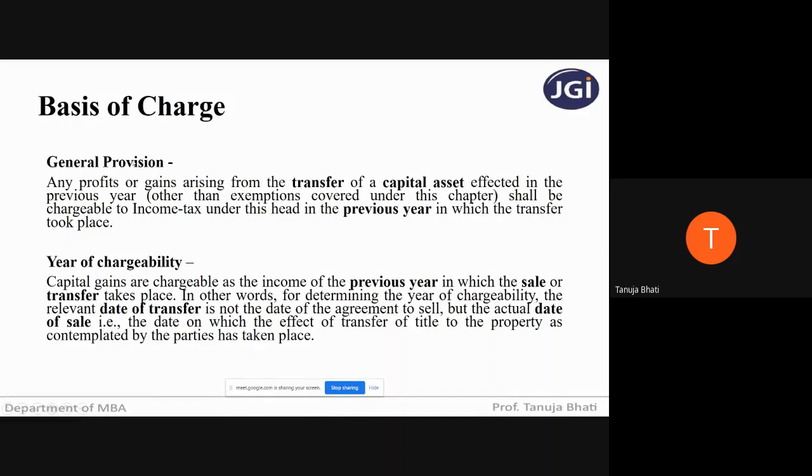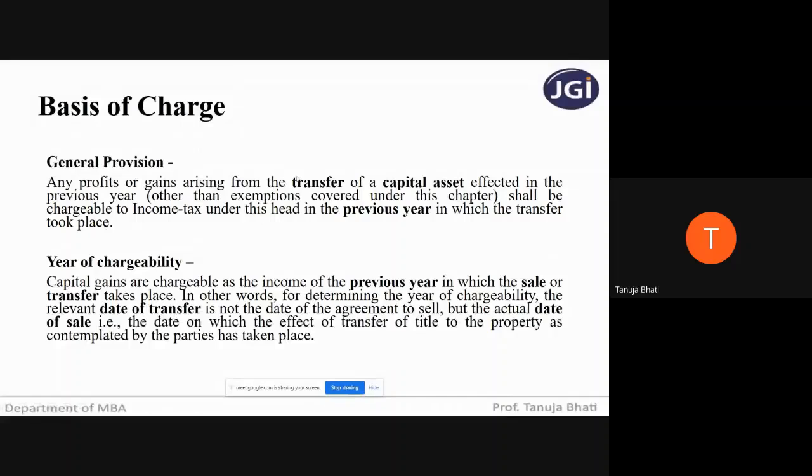So any profits or gains arising from the transfer of a capital asset effected in the previous year shall be chargeable to income tax under this head in the previous year in which the transfer took place. So what is the basis? Any income you are generating from the transfer.